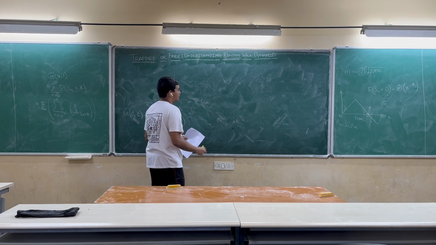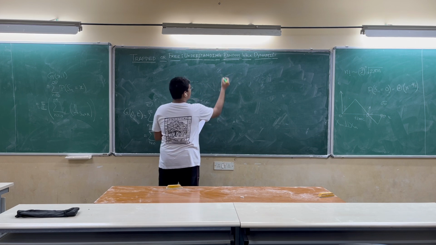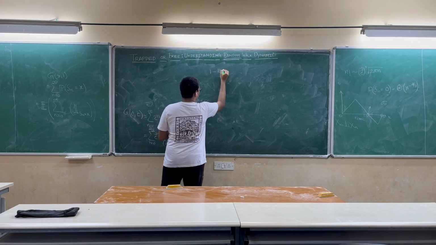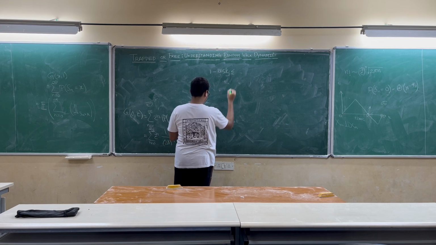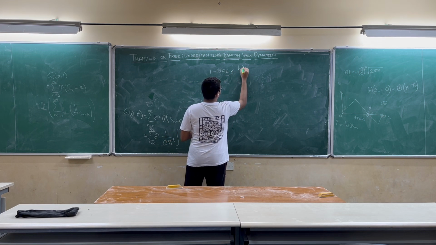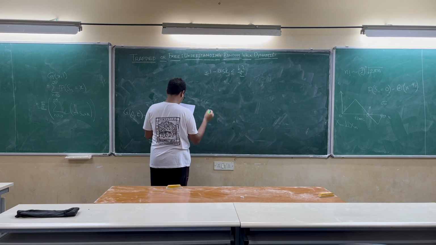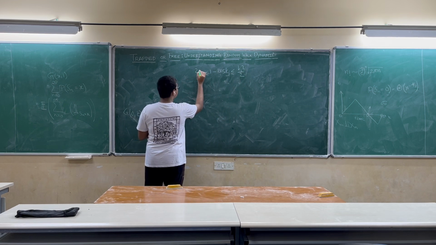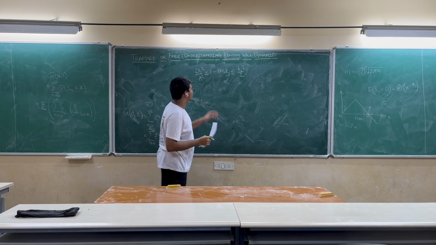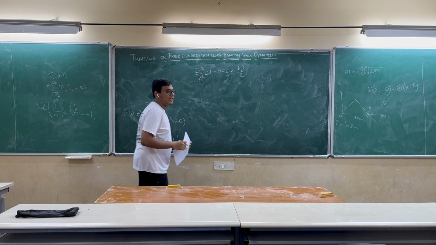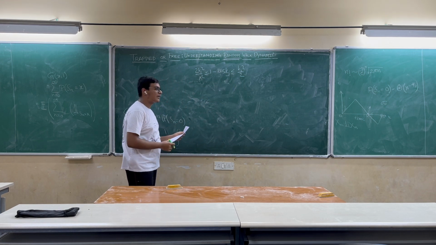And to prove that, I will introduce a bound: 1 minus cos of k_j is bounded by k_j squared over 2 and below by 2 k_j squared over pi squared. Okay. So these bounds we can easily infer from the Taylor expansion.